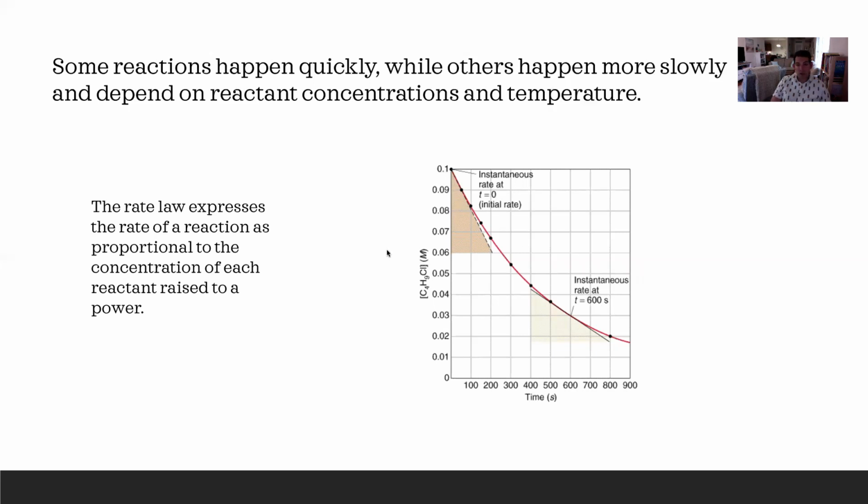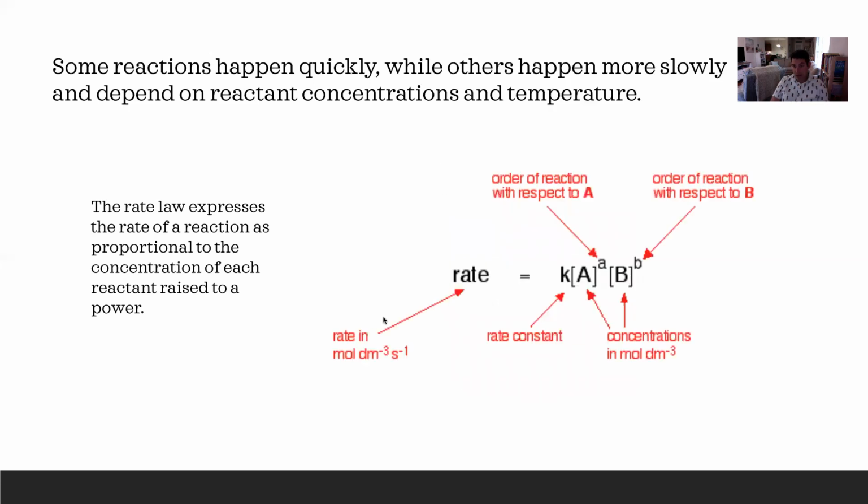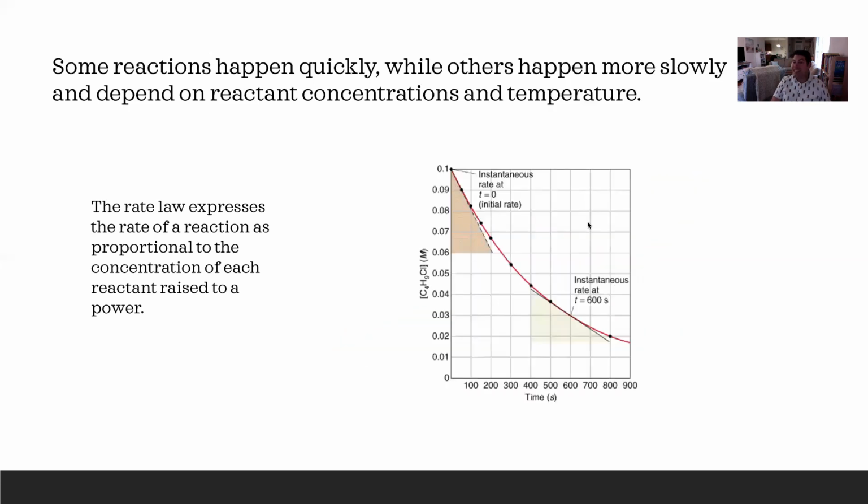So when I say rate in the rate law, I am talking specifically about the instantaneous rate. And there are ways to measure that in a better lab. They would have more precise equipment that can detect the presence of certain concentrations of certain compounds.